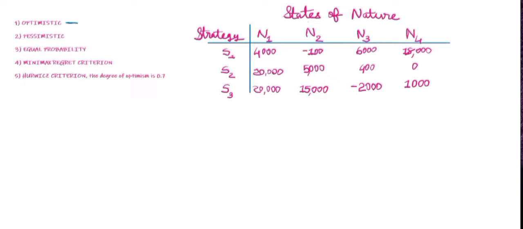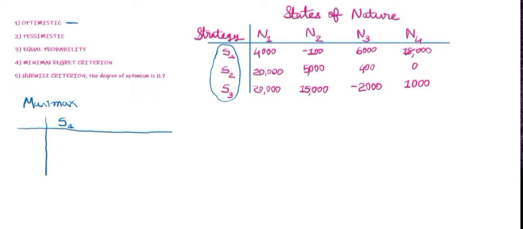Now to answer the first question, which is optimistic, we'll either find the Maximax or Minimin. So here we'll just find the Maximax. It can be asked to you directly to find the Maximax, or they will ask you to find the optimistic. Over here it is written as optimistic. We'll find the Maximax. For that, you'll have to make a table again.